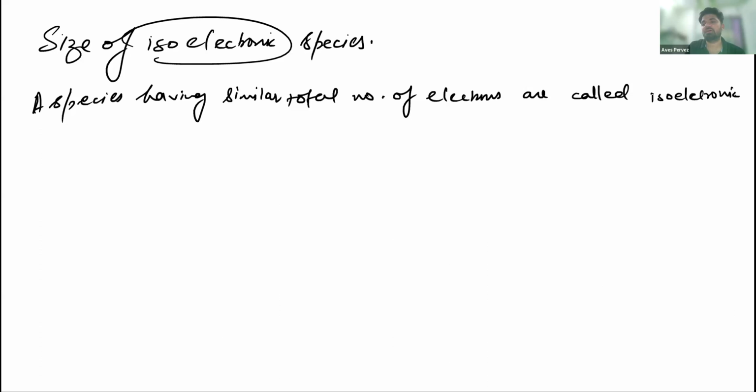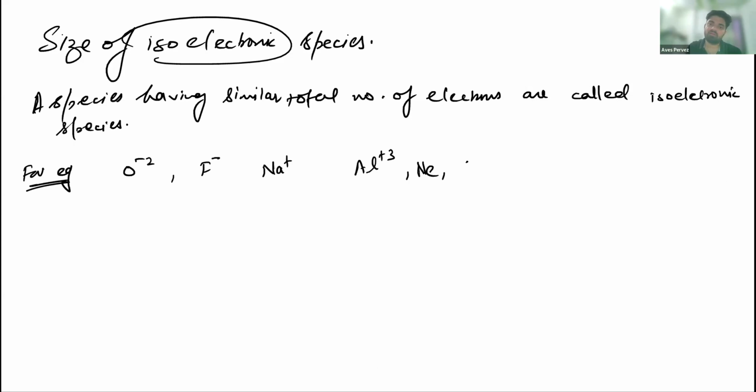Understood? For example, O minus 2, F minus, Na positive, Al3 positive, and neon. These are all isoelectronic species. Got it? So how does the size vary?